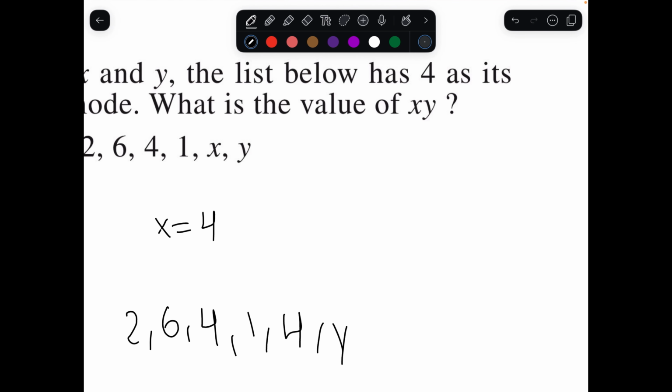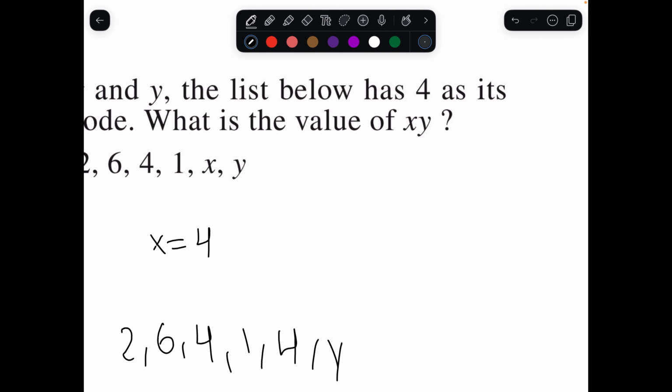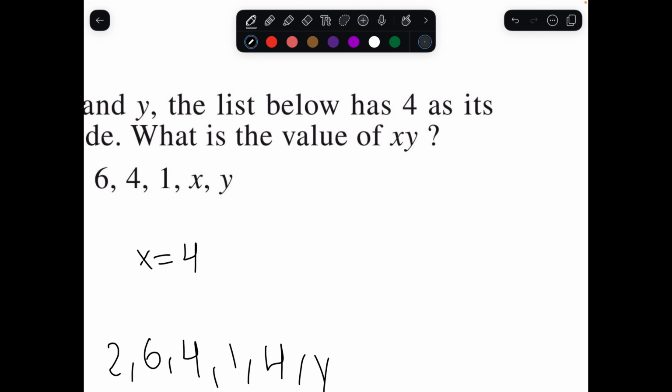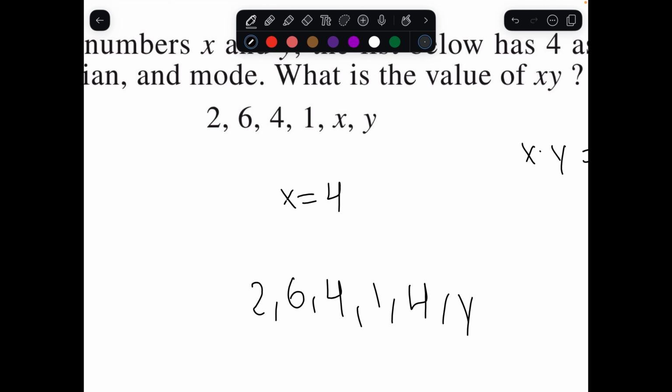And even if we picked y equals 4 instead of x equals 4, it really wouldn't make a difference because we're figuring out the product xy, and xy is the same thing as y times x. It really doesn't matter whether you set x equals 4 or y equals 4.